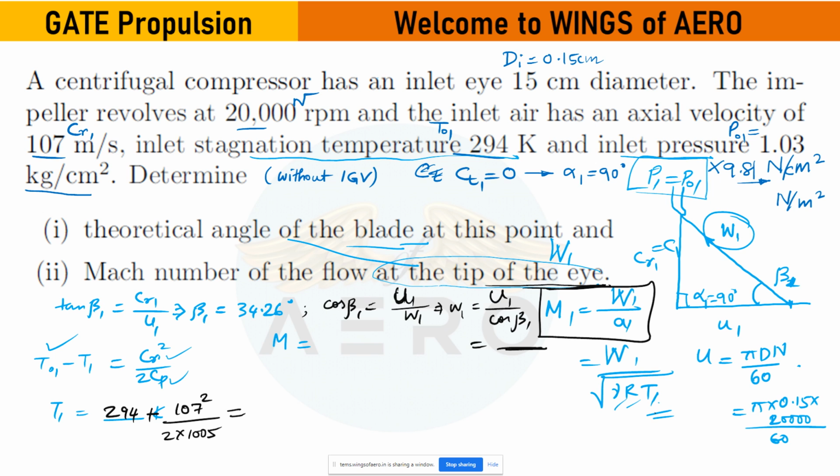Substitute that value over here: root of 1.4 into 287 into T1, and you will get the value of the Mach number. Ma'am, is it 0.55? Yes, absolutely, it's 0.56.